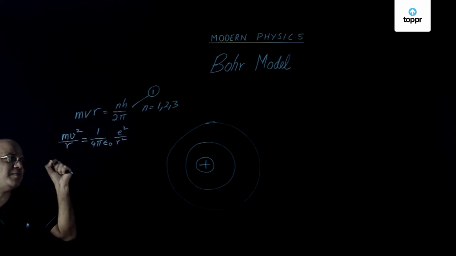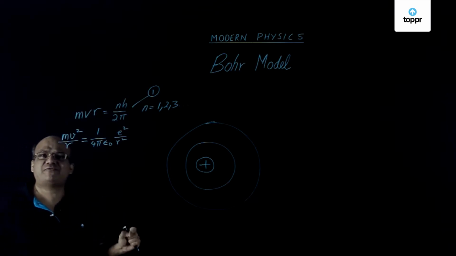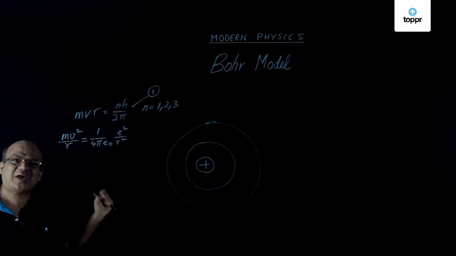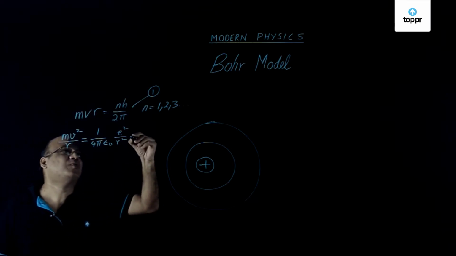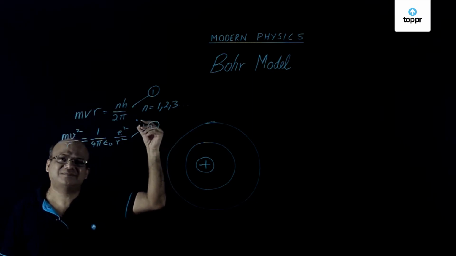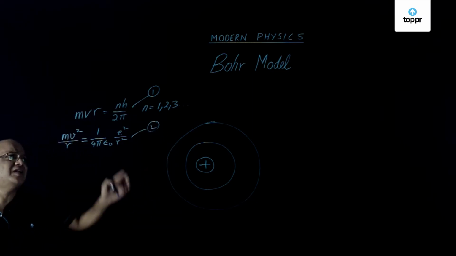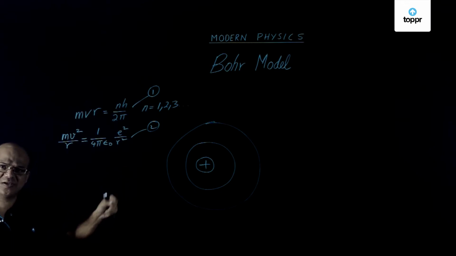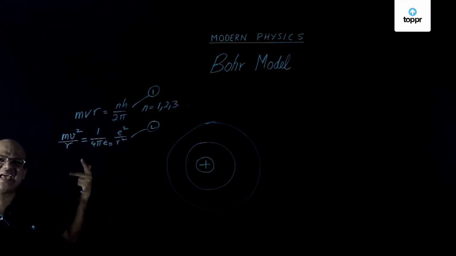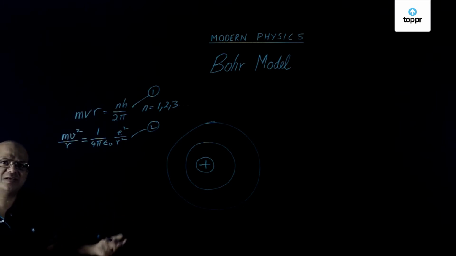So, mv square by r equals 1 by 4 pi epsilon naught e square by r square. This is equation number 2. Now, using these two equations, we can get equations for radius, velocity, energy and so on. So, let us do that.